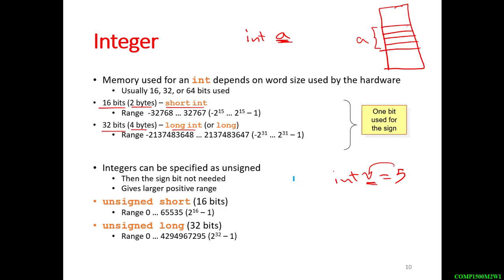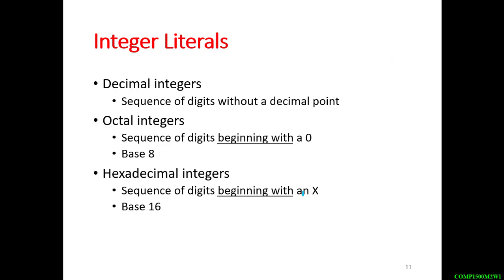Now the literals, how do we express the integers? If I say integer a is equal to 5, this means 5 is decimal. If I say integer a is equal to 0.5, this is octal.